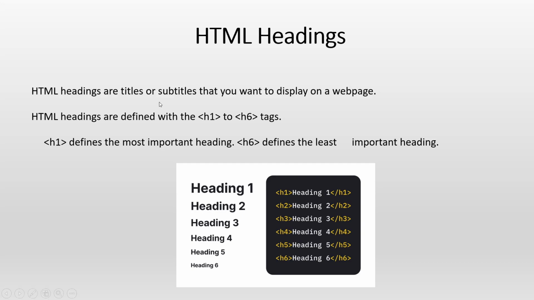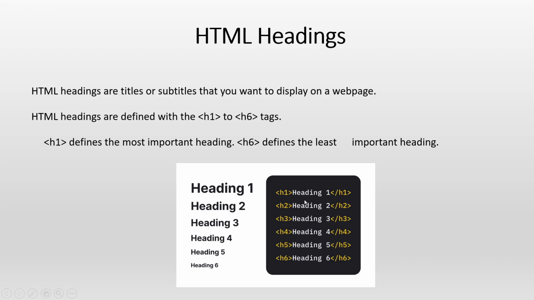For H1, here we have written the H1 opening tag, and here we have written the H1 closing tag. In between we have written this content. So what will the output be? The output is going to be like this: heading one.